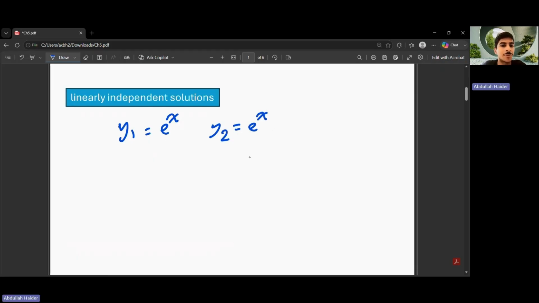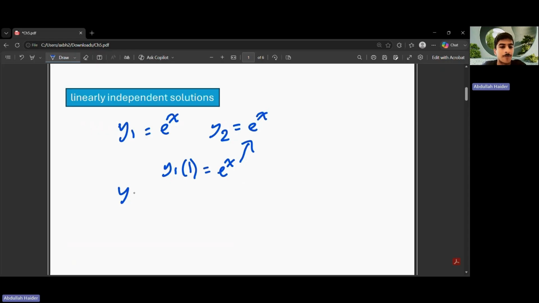These mean the same solution, but these are not independent solutions. Why? Because I can write this by taking y1 and multiplying it by 1, which will still give me e power x. So this is a dependent solution, and we don't want dependent solutions in this chapter.